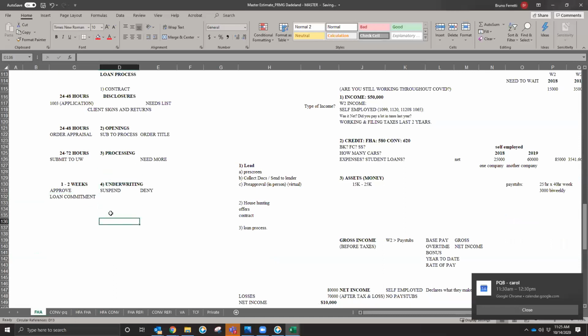With our approval, with our loan commitment, this file goes back to processor, back to loan officer, and we request the documentation from the client.